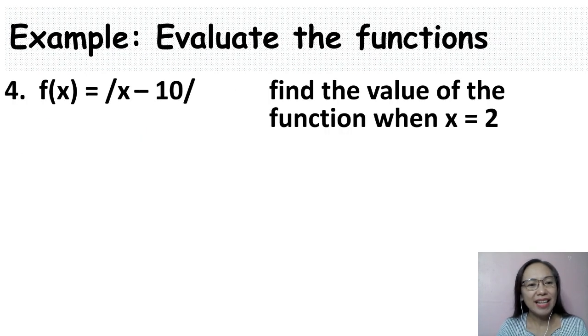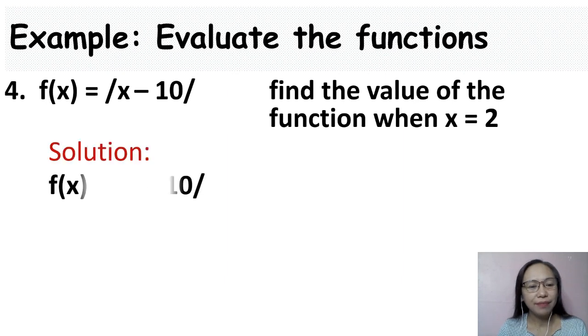Let's look at example number 4. Evaluate the function. Again, we have here an absolute value function. Find the value of the function when x is equal to 2. So again we replace x with 2, or we substitute 2 to the x's in the function.